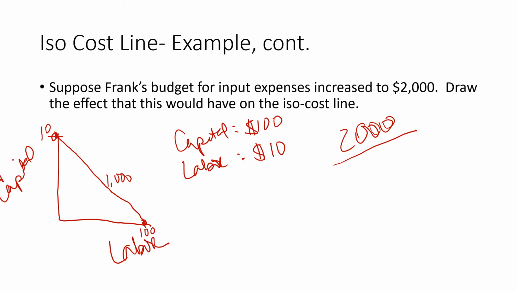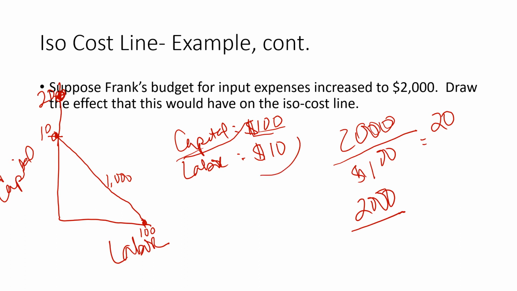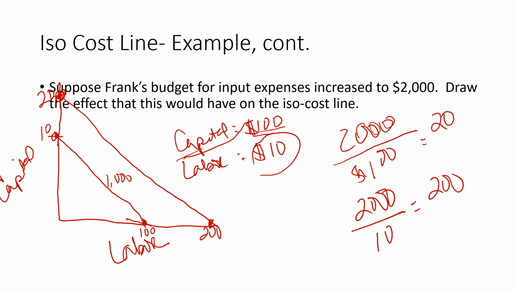So if we have 2,000 divided by the capital cost of 100, we're going to get 20 units that we can purchase. So this line is going to change to 20, and then our extreme point for labor, 2,000 divided by 10, is going to give us 200. So this point is going to come out here to 200, and that is your new ISO cost line. So the effect that it has, it's going to shift to the right.